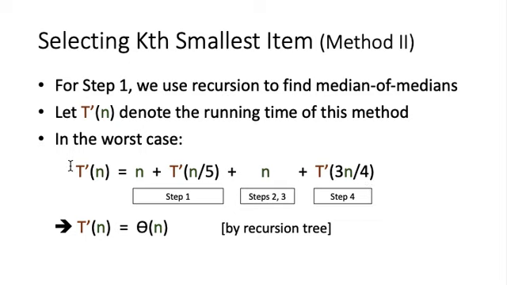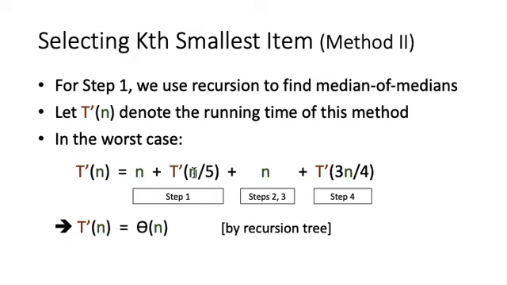So this is the new recurrence for the time of the second method. And it turns out that T prime of n is equal to theta of n when we use the recursion tree to help us expand these terms. So what does that mean?